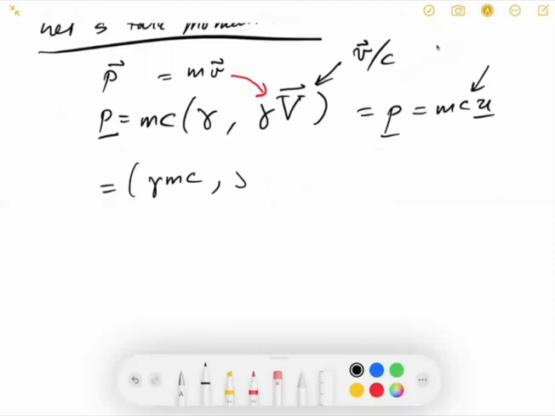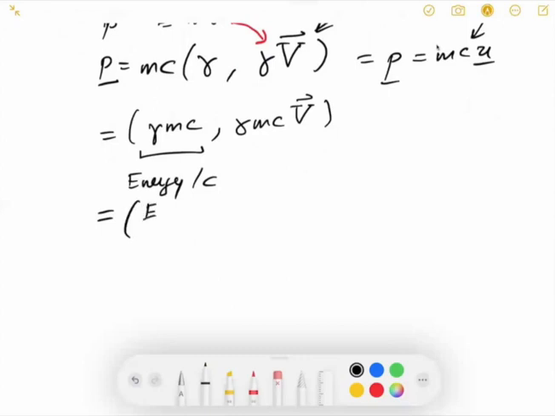So this is gamma M C V. This thing actually has units of energy divided by C. So why not, for kicks, and this is where I was saying we're just trying some stuff, let's just call this E. Let's call this thing P.